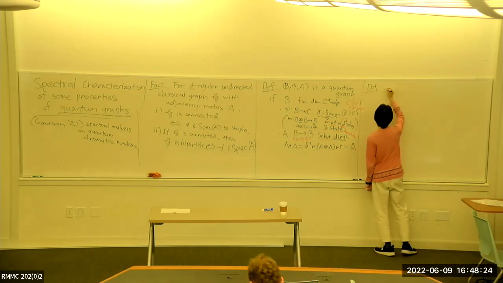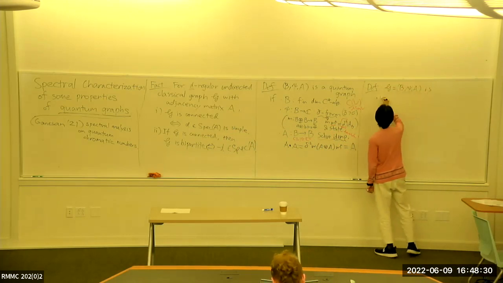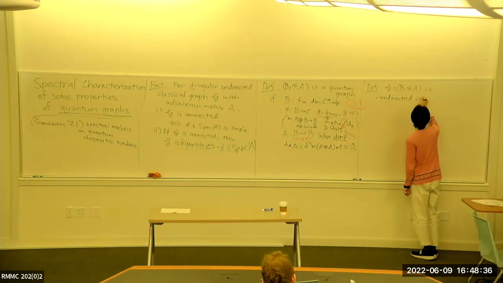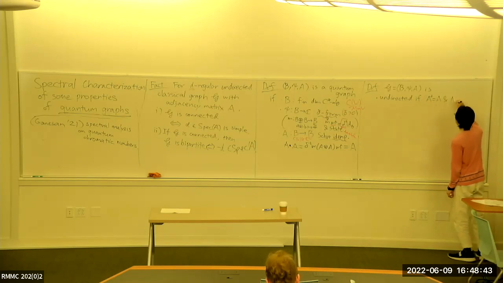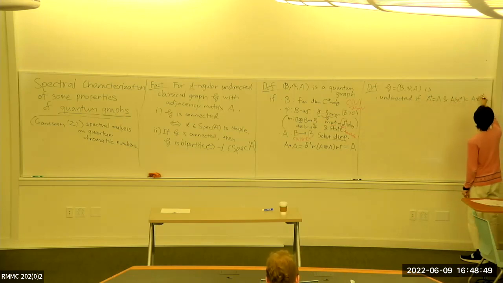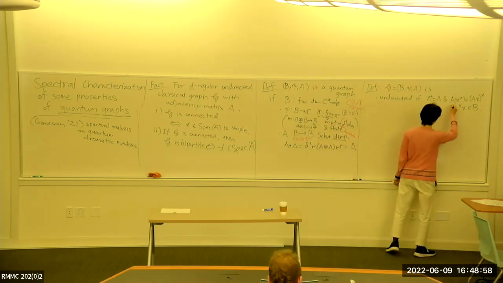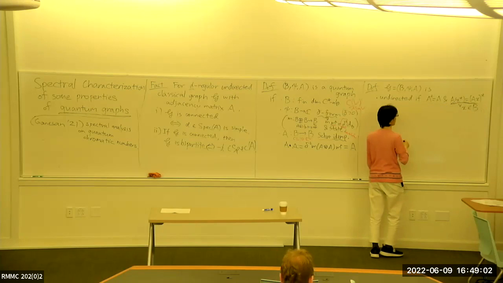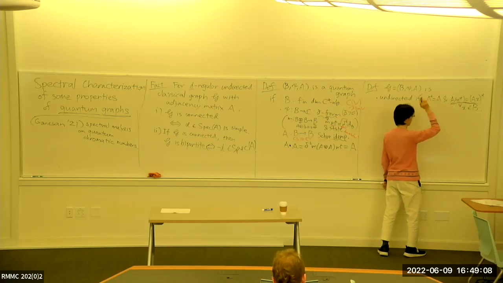For example, we say it is undirected if A is self-adjoint and A preserves the involution of B. So in the classical setting, the involution preserving condition is automatically satisfied because the classical adjacency matrix is a real valued matrix and the involution is just the complex conjugate.